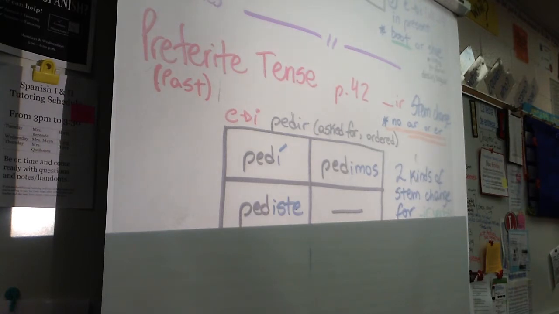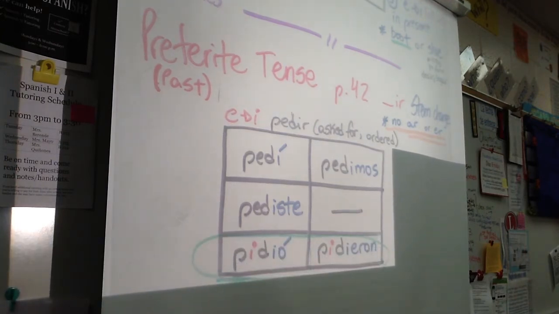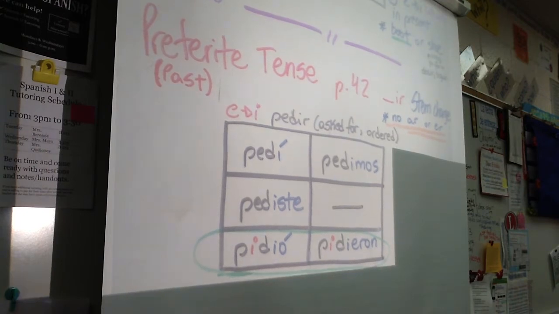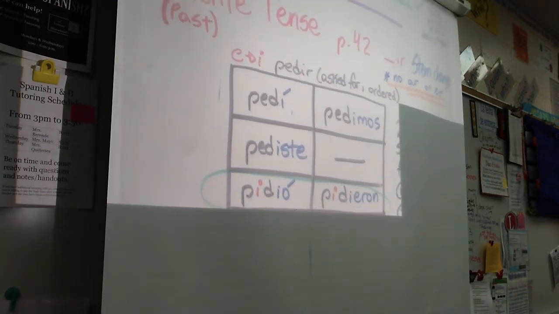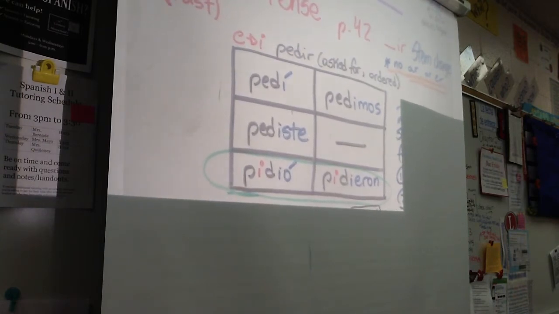But when we get to the bottom 2 forms, then we have an E to I change, but only on the bottom 2 forms. Don't forget your accents where they normally go, with the yo form, and the él, ella, usted form. Now you're using preterite endings.